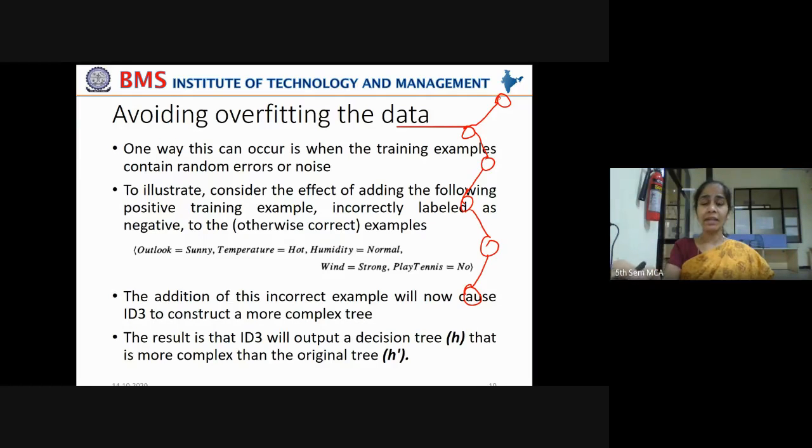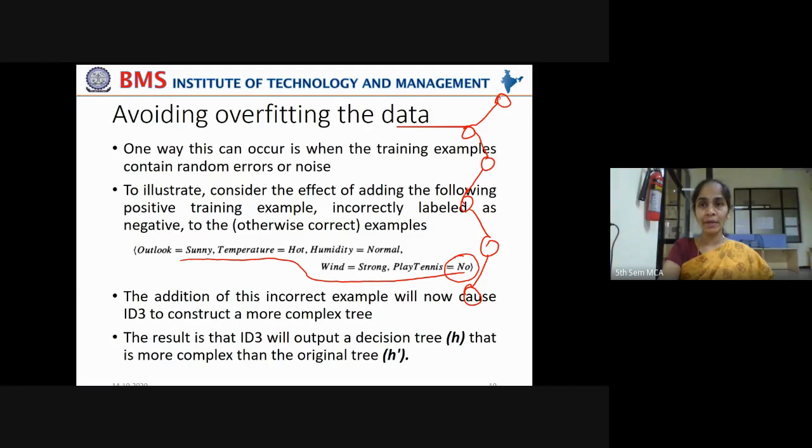Now to that data set, let us assume a 15th data point is added: Outlook sunny, temperature hot, humidity normal, wind strong, and the label as no. Okay, it is incorrectly labeled as no. Actually, its label is yes. Means this is noise in the data. You can treat this as noise in the data.